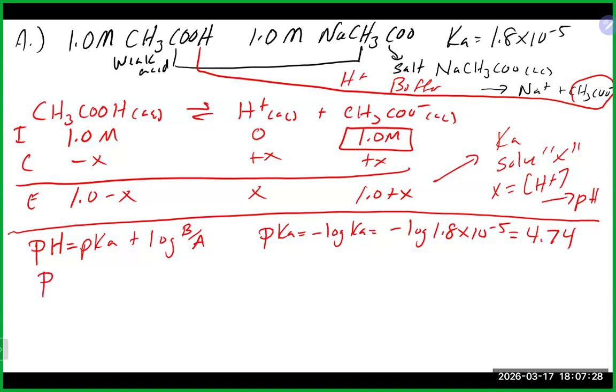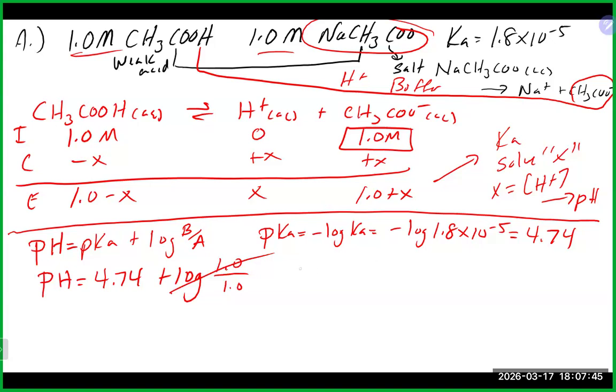Putting that into our Henderson-Hasselbalch equation, pH equals 4.74 plus the log. The good news is it's the same concentration, so you can't mess it up. But once again, it is the base on top, 1 divided by 1. That is the log of 1, which equals 0. And that means that your pH for this solution would be 4.74 in this case.